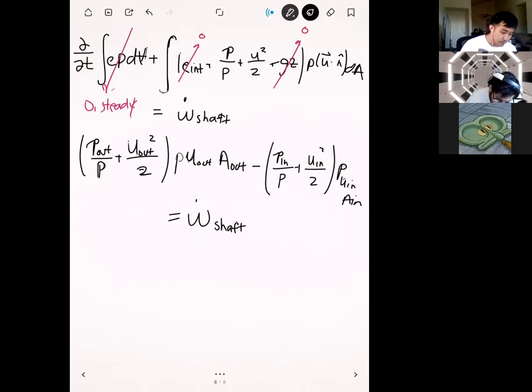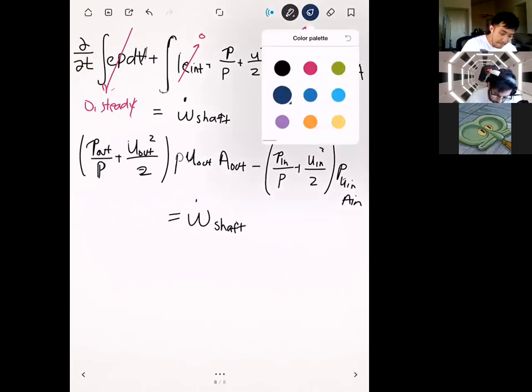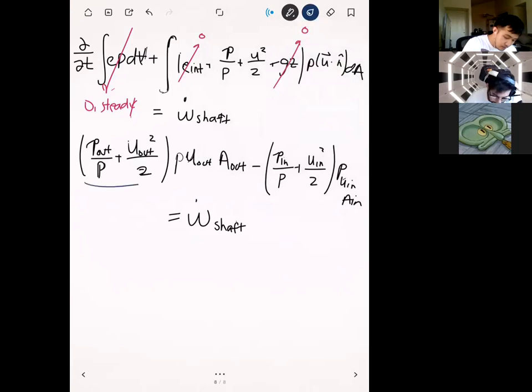And so we have everything here that we can plug in. But before we do that, I want to talk about each of these first two terms. Remember that RTT talks about the transport of certain kinds of properties into and out of our control volume.